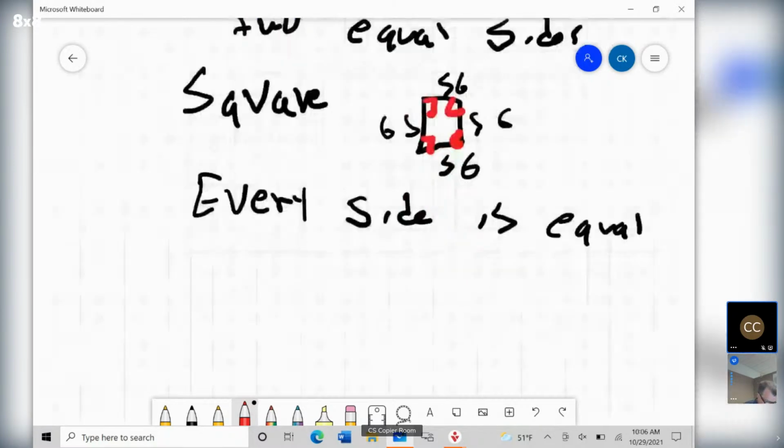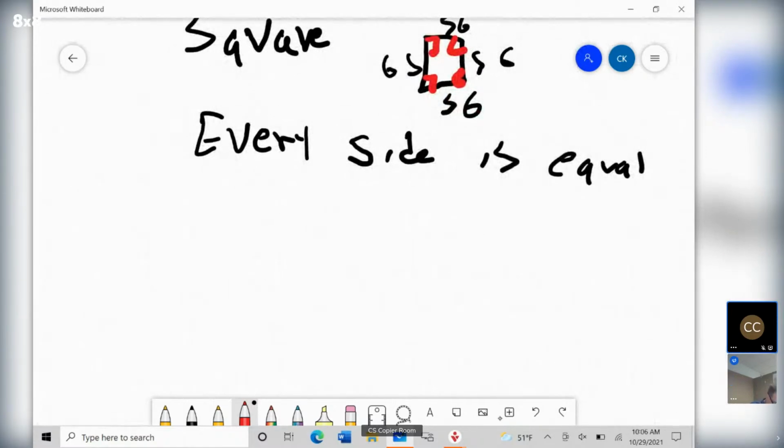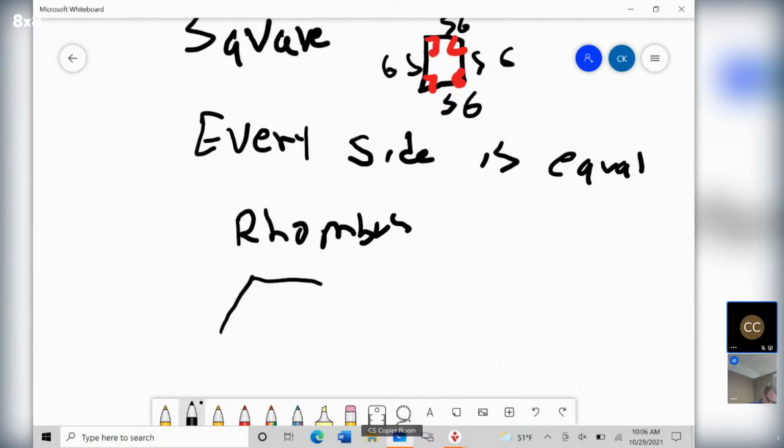The next one I want to look at is a rhombus. Basically, this is kind of the same.